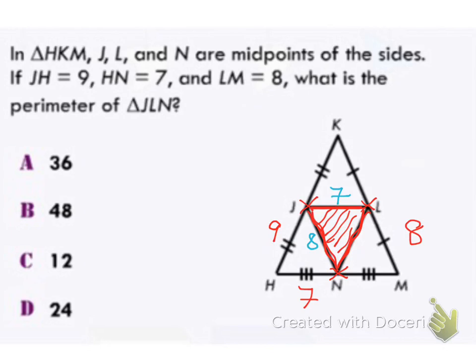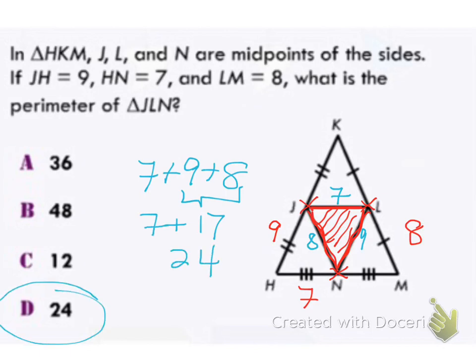Well, JH is half the length of KH also, and since JH is 9, so is LN. So to get a perimeter, you're going to add the 3 segments of the inside triangle. So that's 7 plus 9 plus 8. Okay? 9 and 8 are 17, plus 7 more. That makes it 24, and we are done.